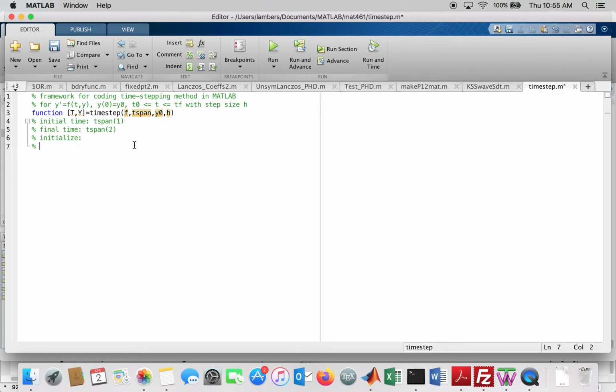So then, for things to initialize, t would initially be the initial time. And then, how many time steps?